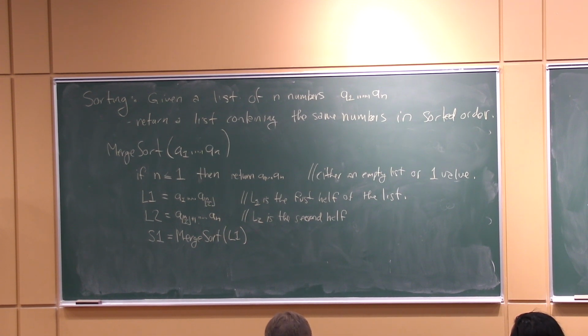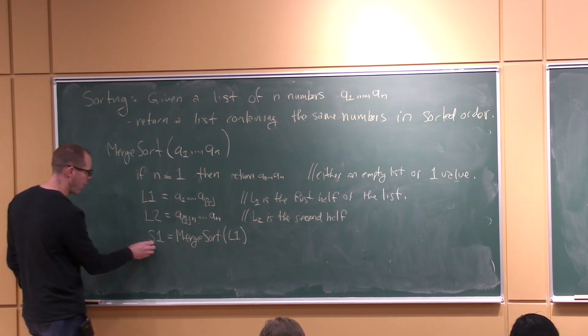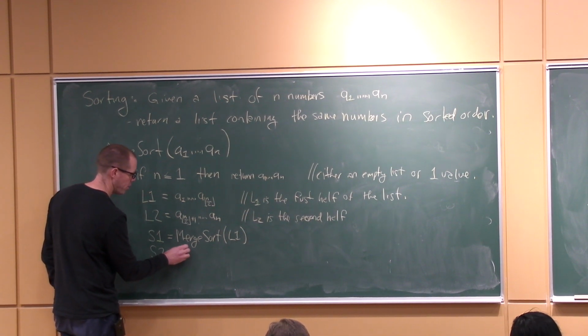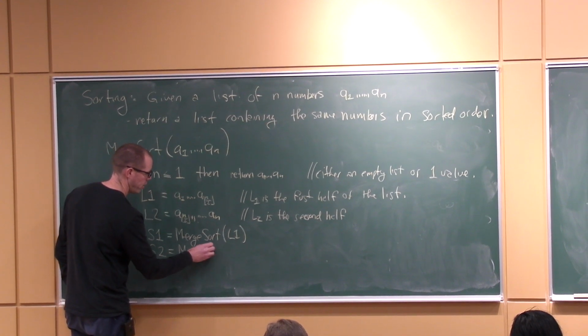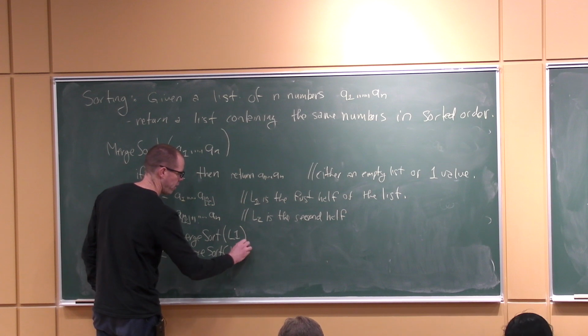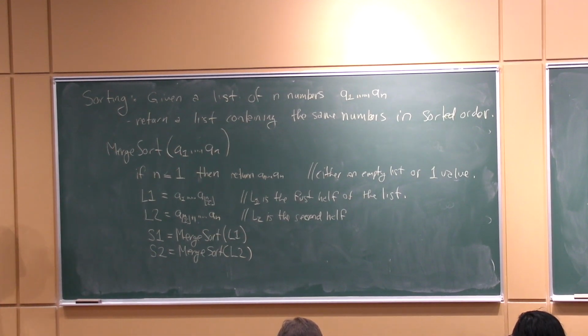Then what? Might as well sort the second half. S2, for sorted, is what we get by recursively sorting the second half. Now what?